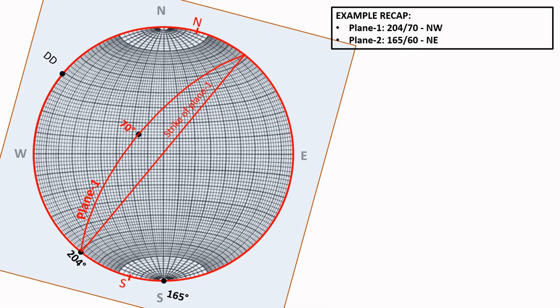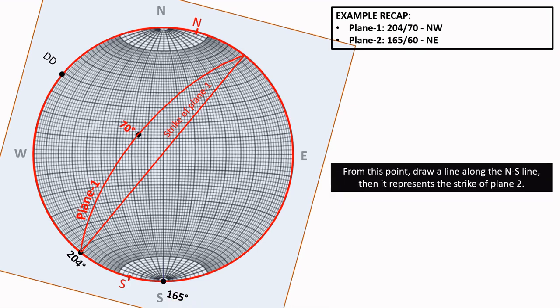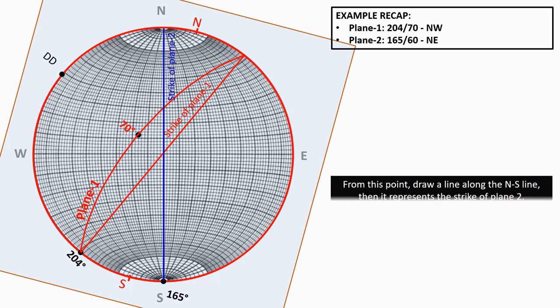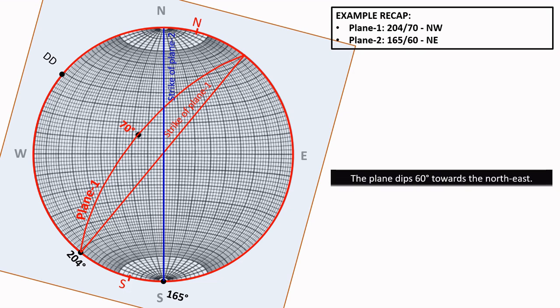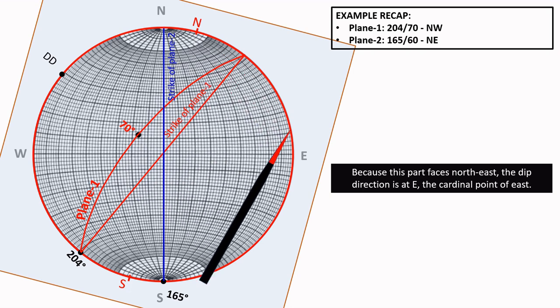From this point, draw a line along the NS line, then it represents the strike of plane 2. The plane dips 60 degrees towards the northeast. Because this part faces northeast, the dip direction is at E, the cardinal point of east.